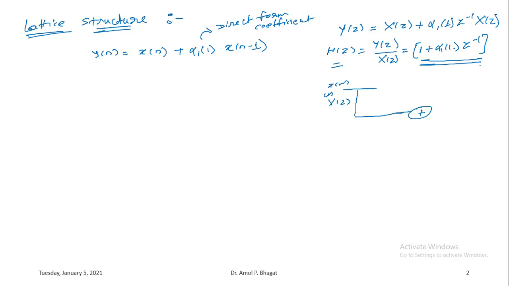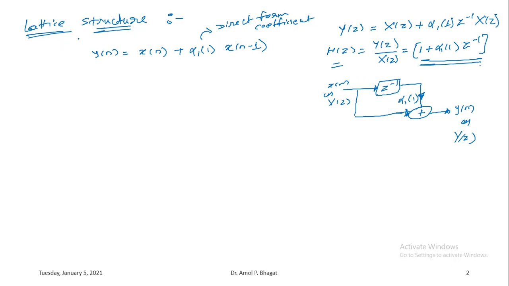It will be added with this delay, which is multiplied by a constant, that is alpha 1 of 1. This is the output, that is y of n or capital Y of z. So this is how you can realize the direct form one realization of the given input output equation.